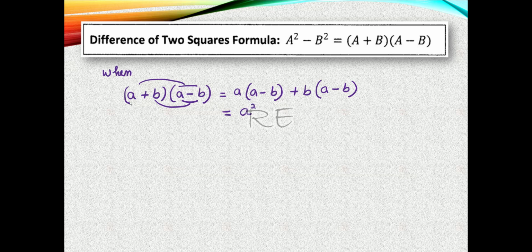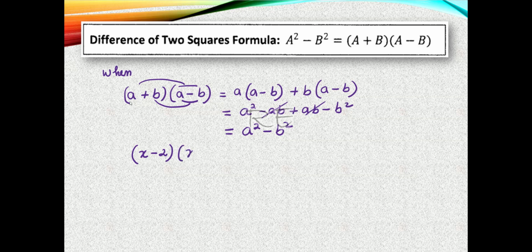The result is a squared minus ab plus ba, which is the same as ab, minus b squared. Minus ab plus ab cancel. We obtain a squared minus b squared, a difference of two perfect squares.